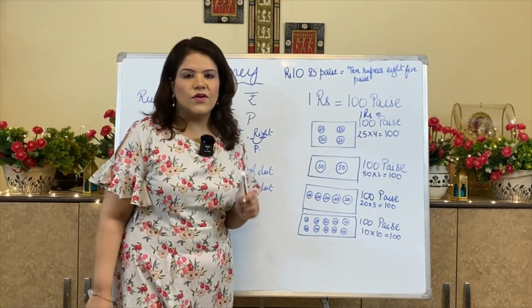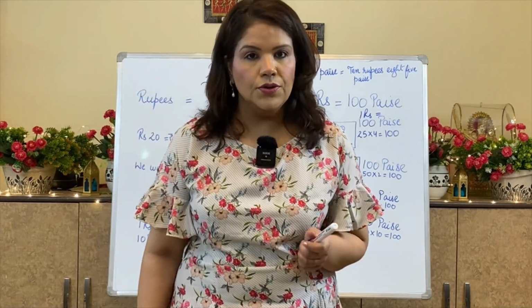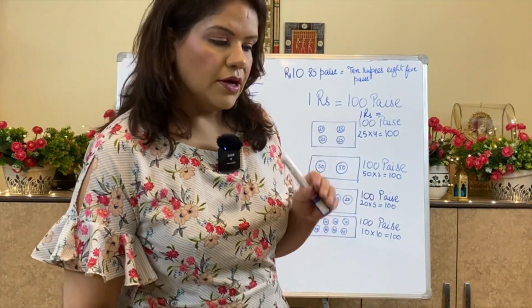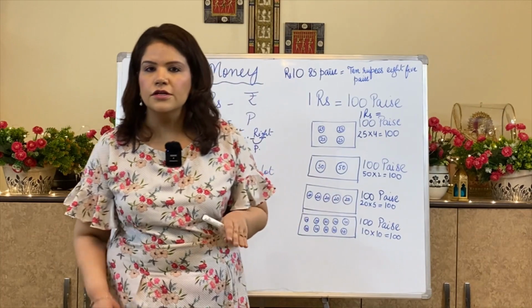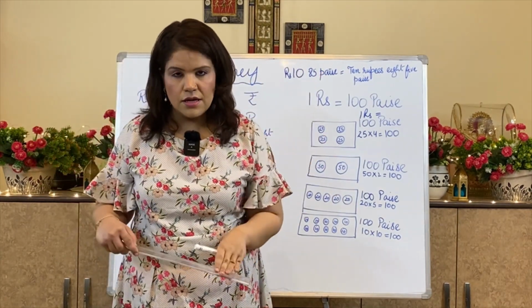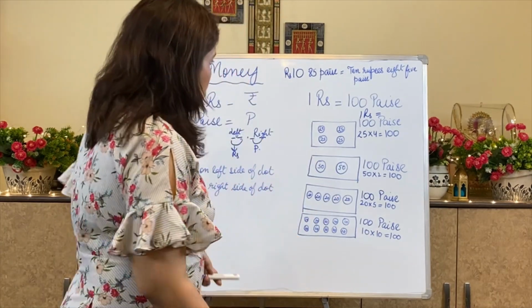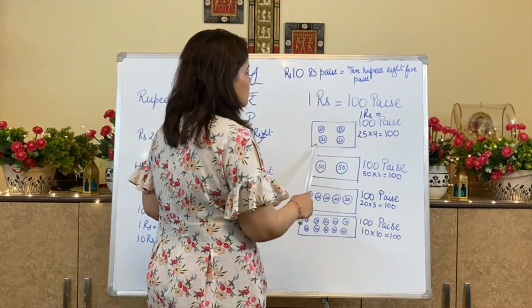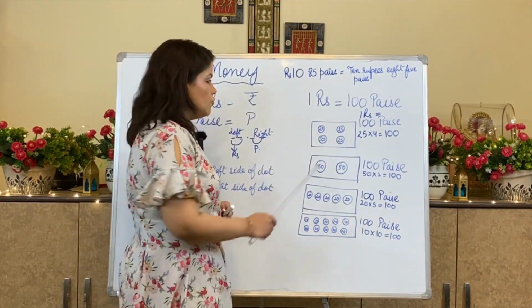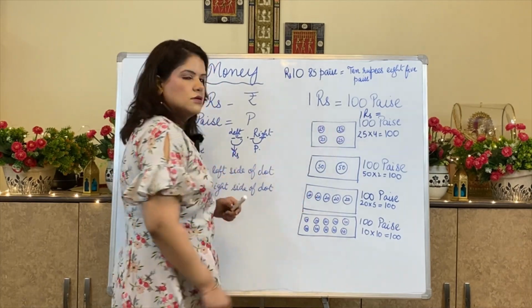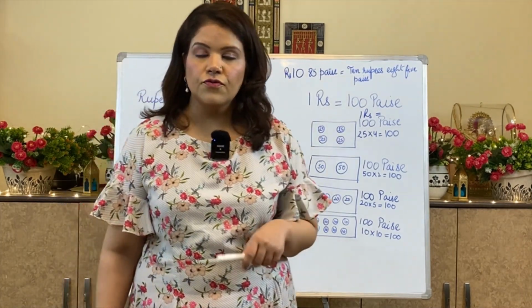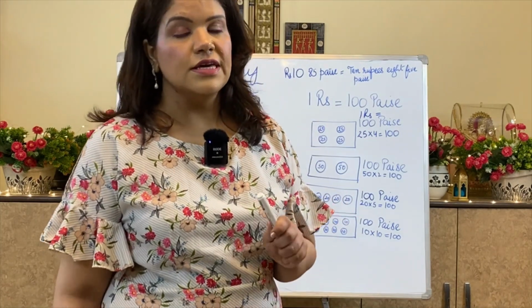Now 25, I have told you in fractions, that in fractions we divide a complete thing into equal parts. So now I have divided this 100 paisa into 4 equal parts of value 25 each.